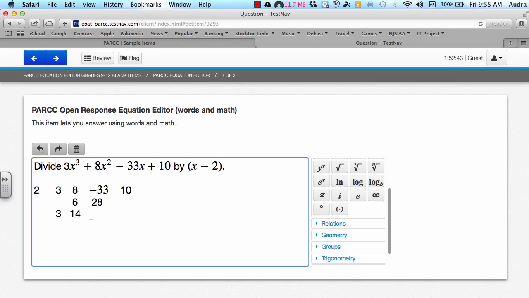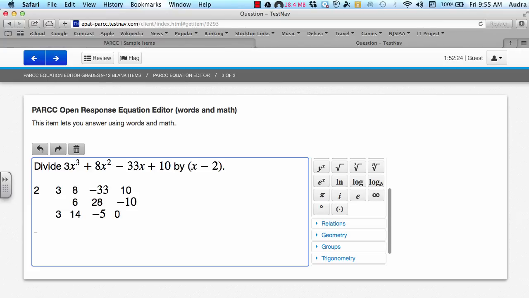And when I add those, I end up getting negative 5. And then if I go back up here, I end up getting negative 10. And then I end up getting the remainder of 0.